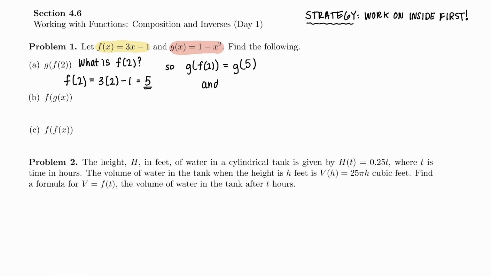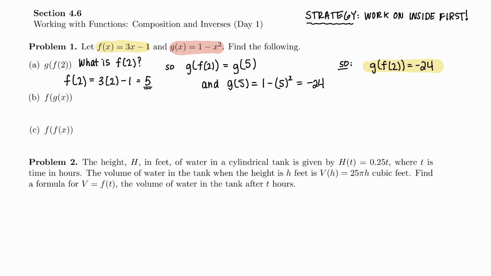And so g of 5 is going to be 1 minus 5 squared. 5 squared is 25. 1 minus 25 is negative 24. So g of f of 2 is equal to negative 24. Okay, on to the next one.